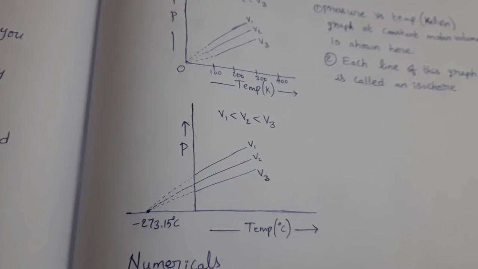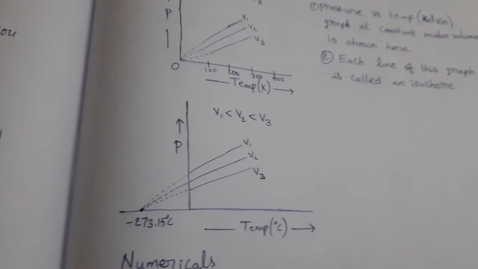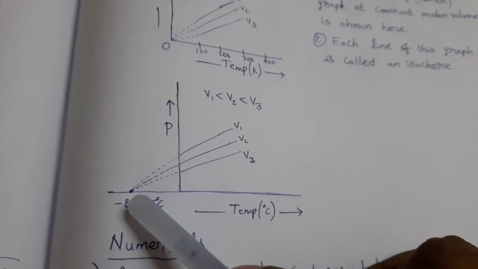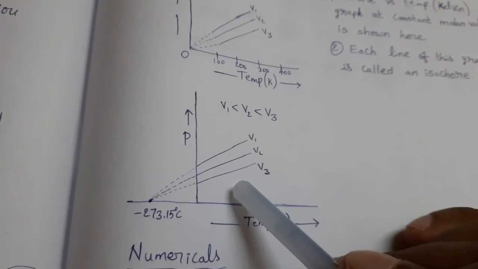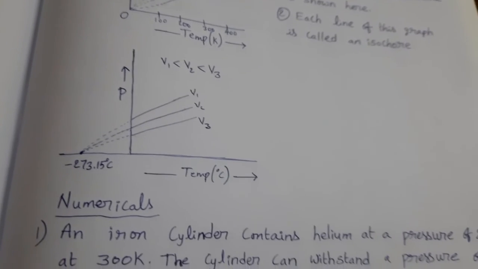That means at this temperature the pressure of the gas becomes 0. This is the lowest temperature at which a gas cannot exert any pressure. So this graph is also similar to the Charles' law graph. Okay. Next, see the numericals related to this.